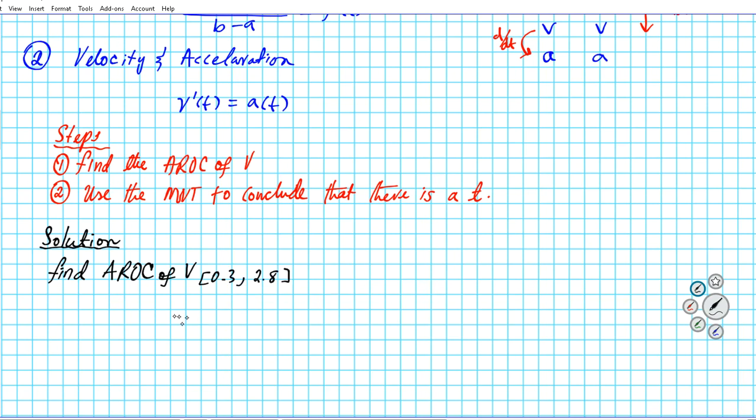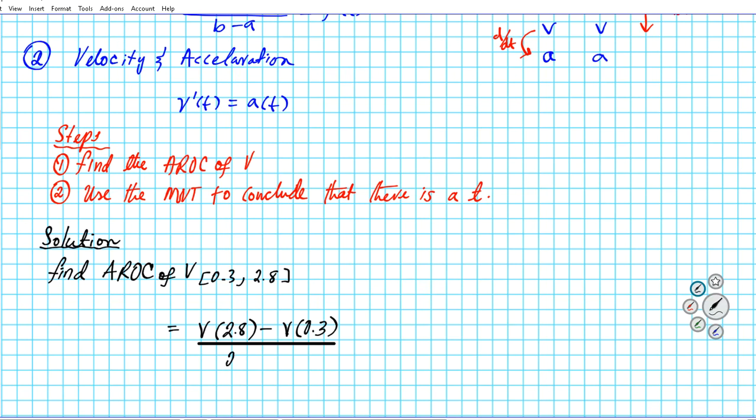This is equal to v of 2.8 minus v of 0.3 divided by 2.8 minus 0.3, that is, v of b minus v of a divided by b minus a.